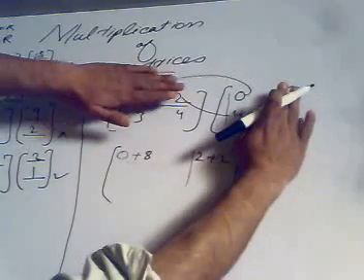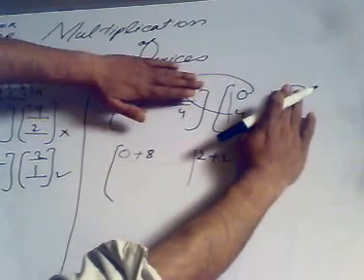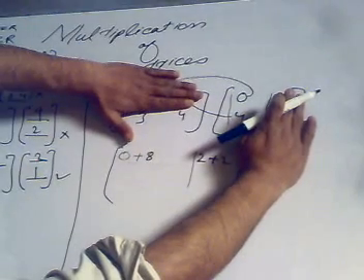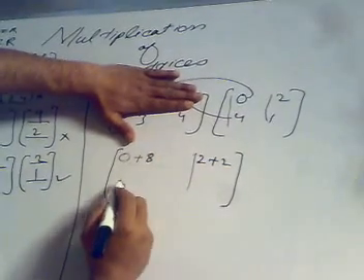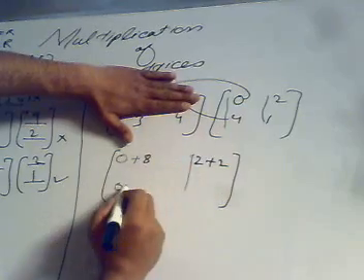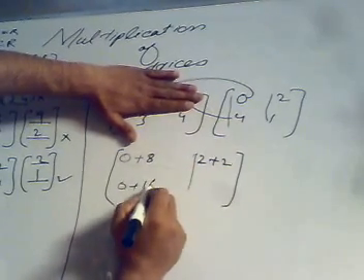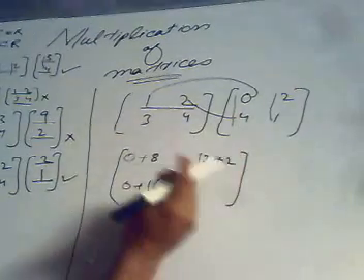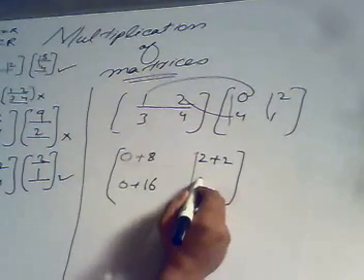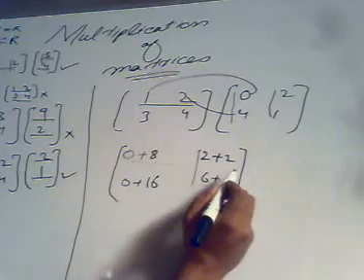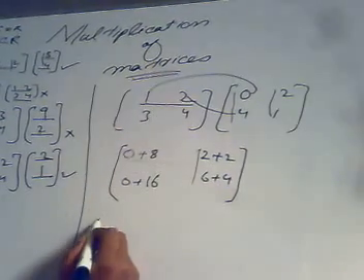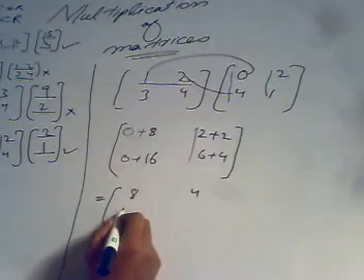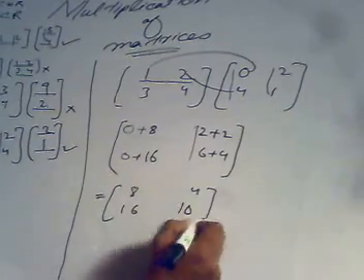Now we are multiplying the second row with the first column, so the first number is multiplied with the first: 3 zeros are 0, and then positive into positive, 4 fours are 16. Now we will again multiply the second row with the second column: 3 2s are 6 plus 4 1s are 4. Now we just add them and we get the answer. This is 8, 4, 16 and 10.